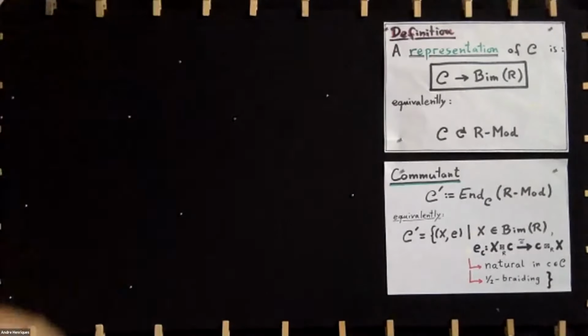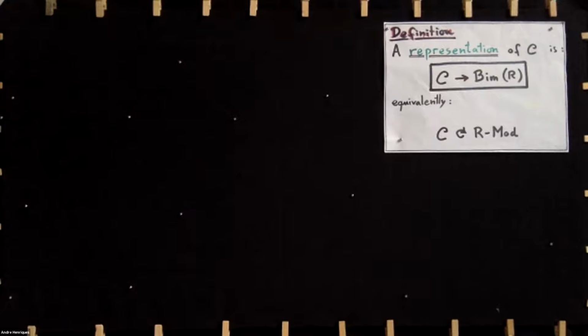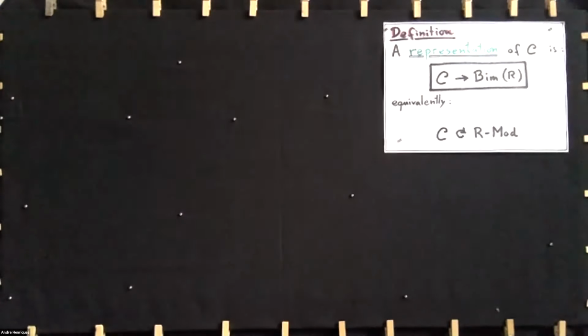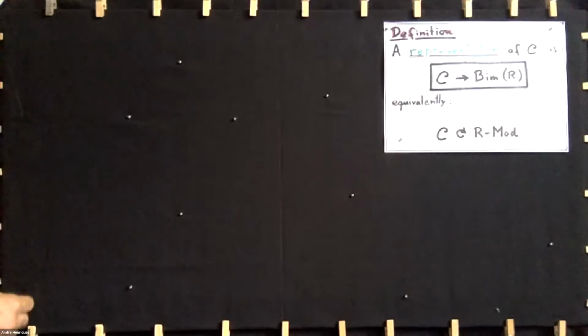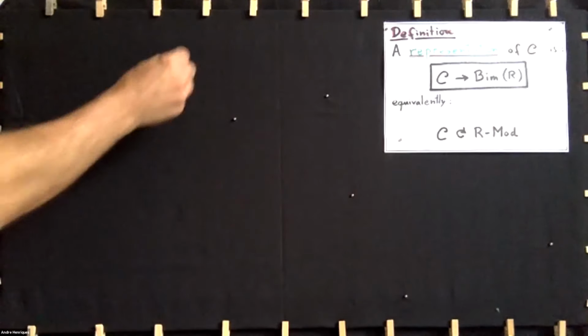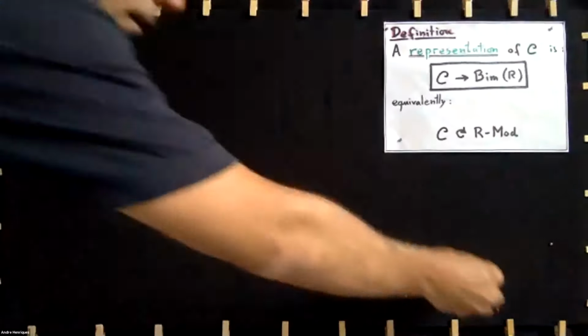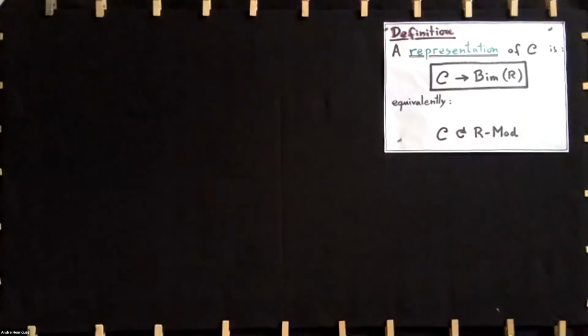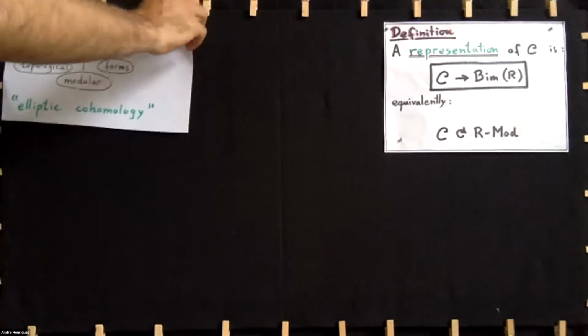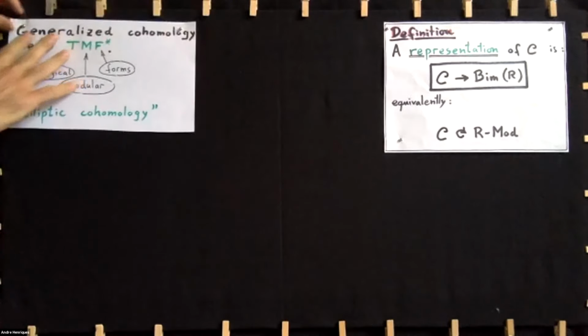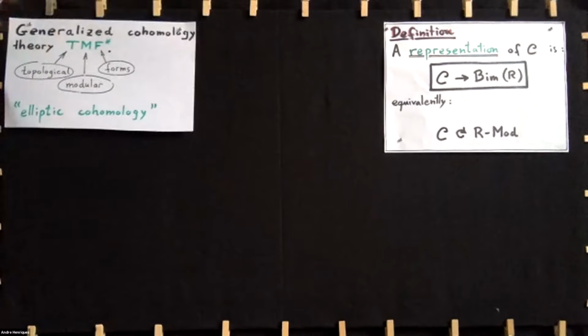But let me go on. I want to talk a little bit about elliptic cohomology. There is a generalized cohomology theory that goes by the name TMF, which stands for topological modular forms.